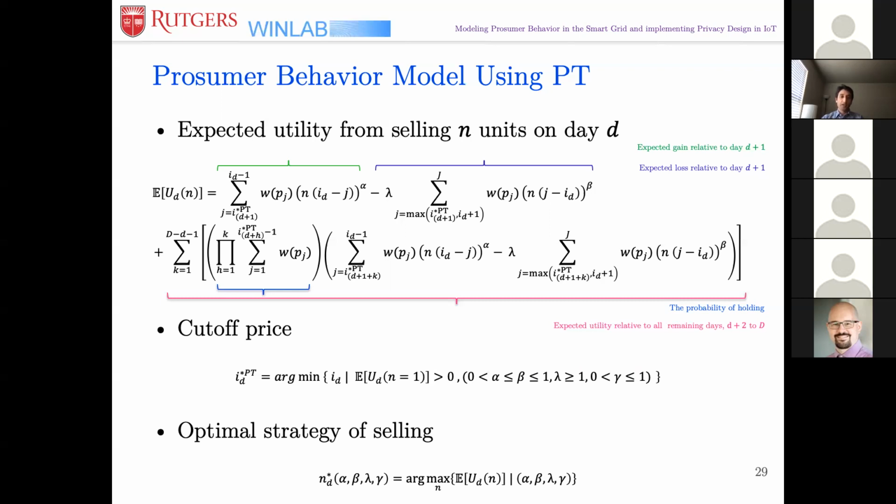In this framework, the lowest price for which a sale of 1 unit on day D yields a positive expected utility is called the cutoff price.